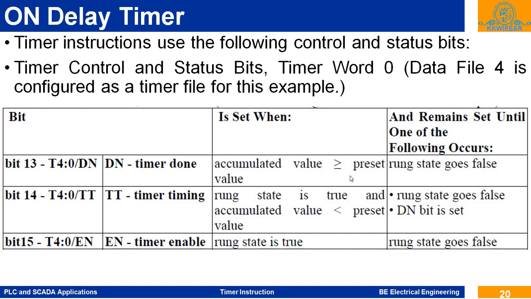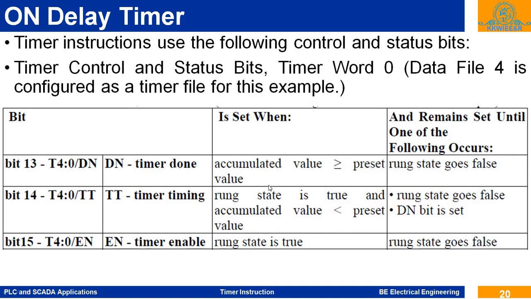Okay. So in this way, with these conditions, your done bit, TT bit, and enable bit are set for the on delay timer. Okay. On delay timer means when the run state is true, your enable bit is high and the accumulator starts counting. Okay. So delay is provided when your timer instruction is true.